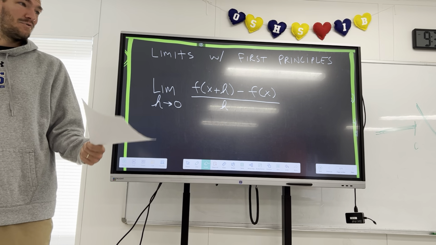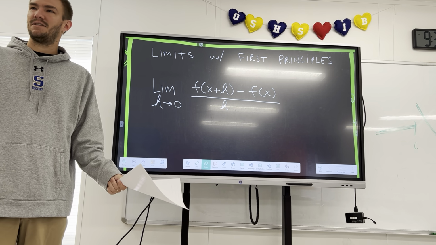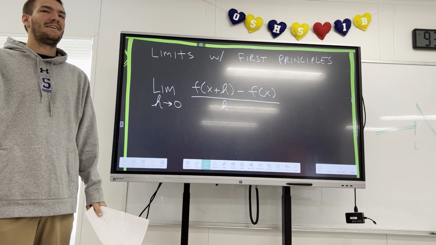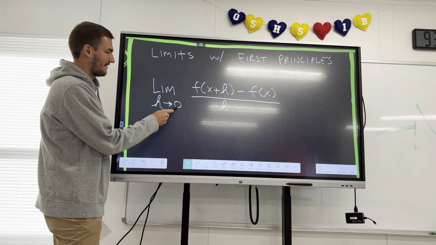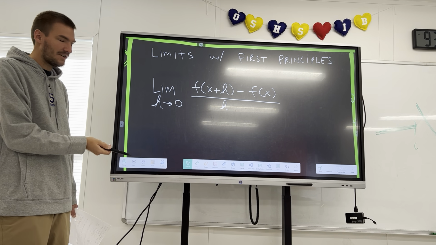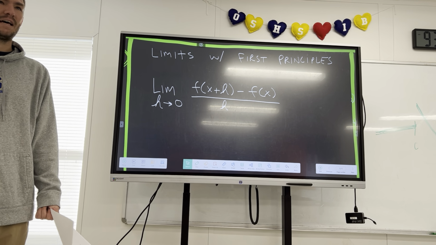Now, we talked about limits. Limits are great because if you have a nice boring function, you can just take that number, plug it in, and get the answer. What's our issue going on here? If we plug in 0 for h, we have a 0 denominator, and you cannot do that.